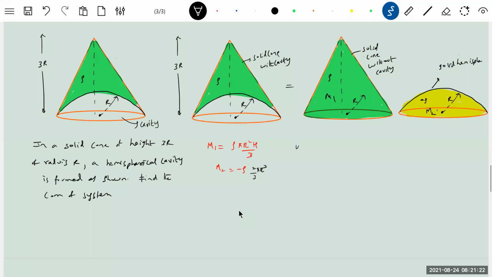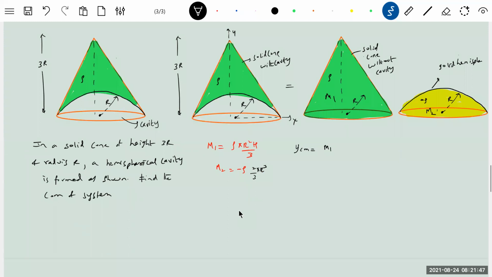Let's get into it: YCM is equal to m1 y1 plus m2 y2. What is the center of mass of a solid cone? From the base, from where we are measuring, this is y equal to 0, and this is the x-axis. Just now we have studied it, no?